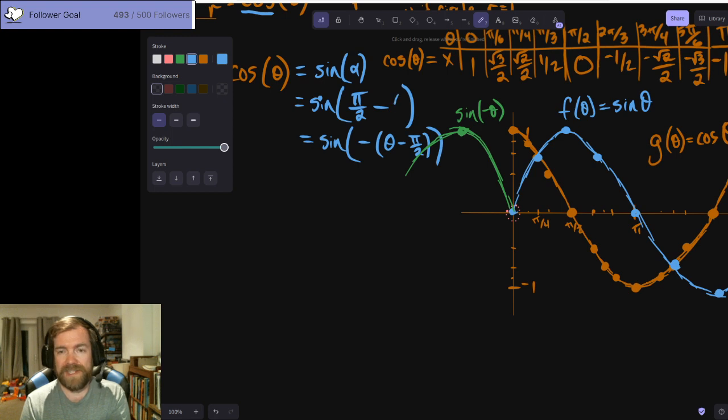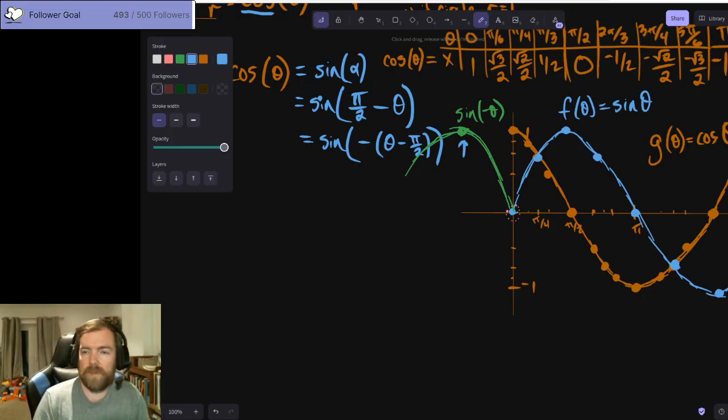All right, pi over 2 minus theta. And shift it to the right, pi over 2. Well, this was at negative pi over 2. So now it's going to get shifted to the right to 0. So now our maximum is going to be at 0, comma 1.